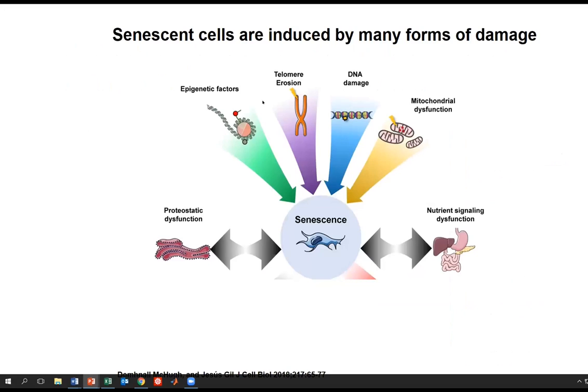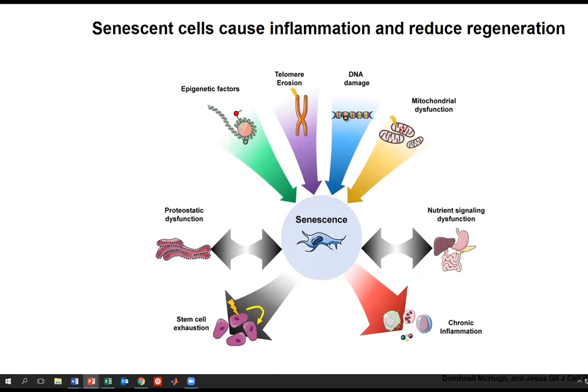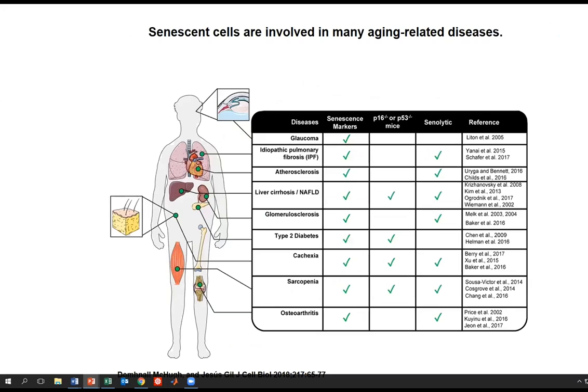They can be formed by many kinds of damage that we've heard about in this conference: mitochondrial damage, protein damage, proteostatic damage, etc. can cause senescence, and they cause something very physiological: chronic inflammation, stem cell exhaustion. So if we can understand senescence, maybe it's a sweet spot for understanding how these different damages lead to a physiological response. And this is a list of diseases where removing senescent cells helps.